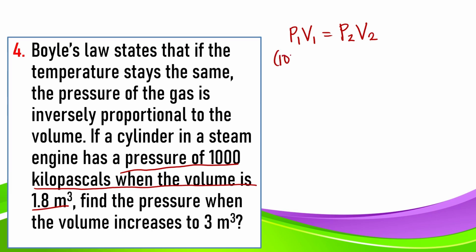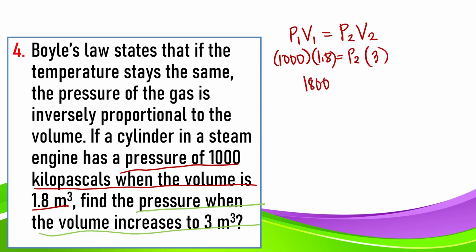So 1,000 times 1.8 is equal to, find the pressure when the volume increases to 3 cubic meters. So, P sub 2 is unknown, and the new volume is 3. So 1,000 times 1.8 is 1,800 equals P sub 2 times 3, or 3 P sub 2.